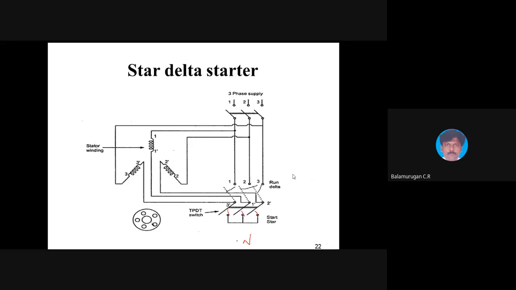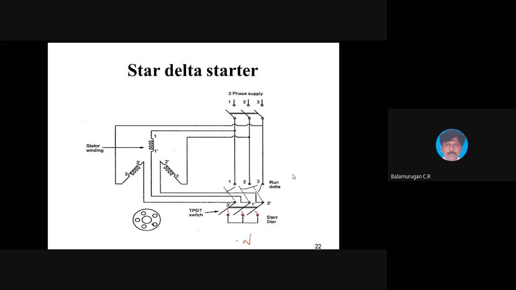And during switching, you can write starting to full load also. So what is the starting equation? VL divided by root 3 into ZP.